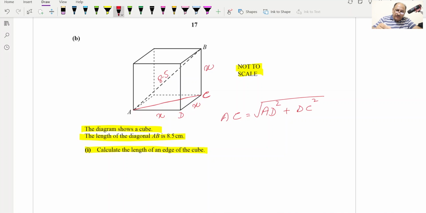So we have applied Pythagoras theorem on this small triangle. AD squared will be x squared plus this will also be x squared. So AC is equal to 2x squared under root.